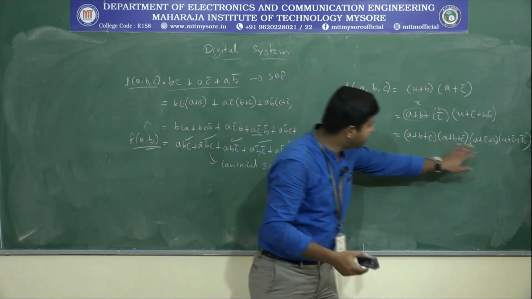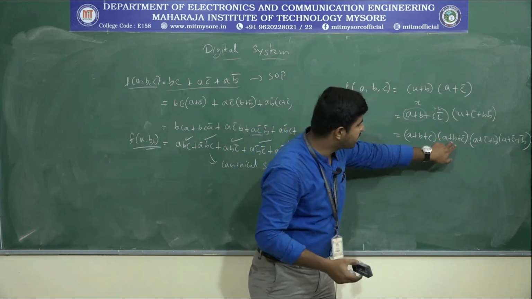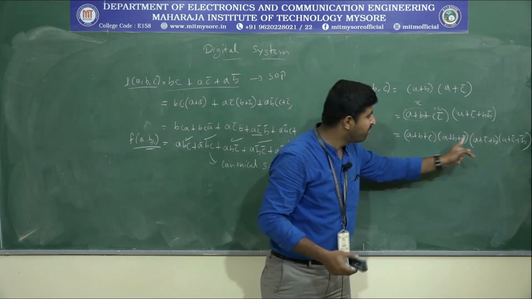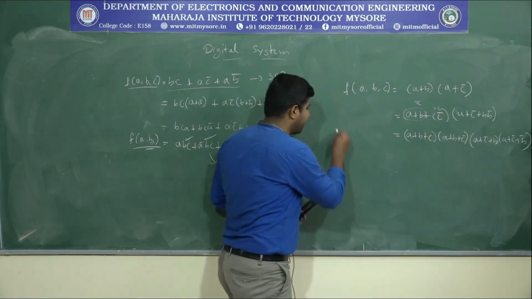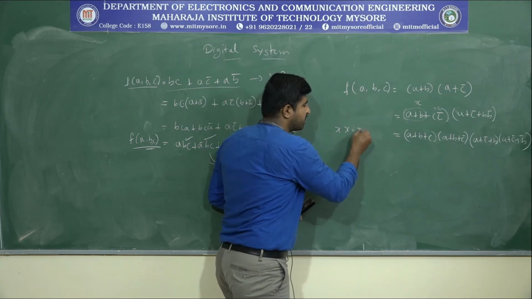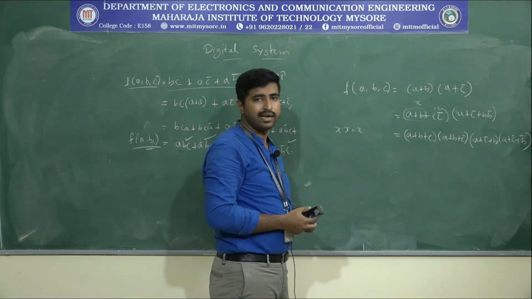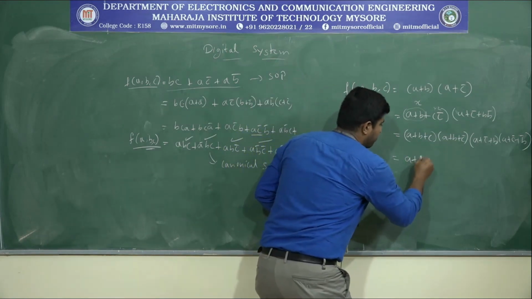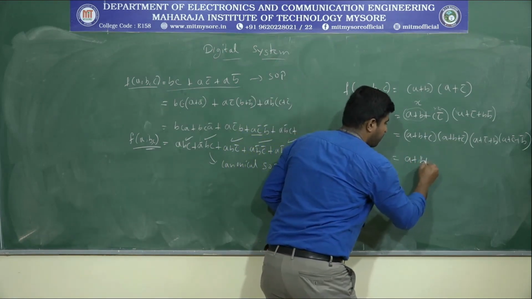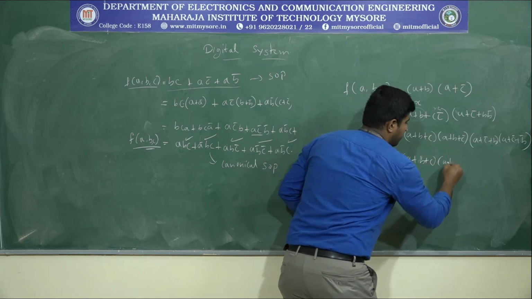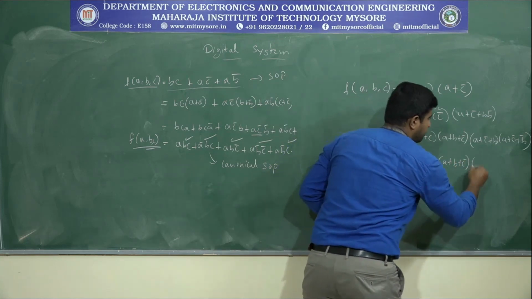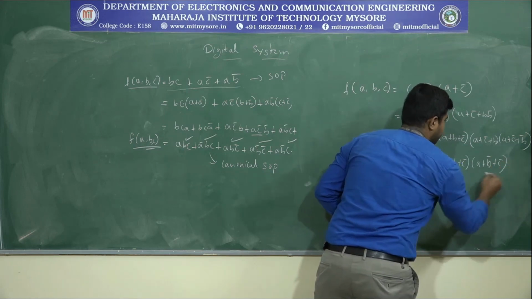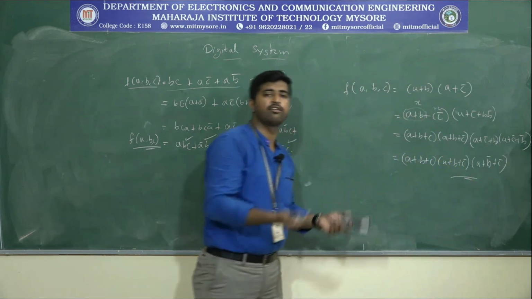Again, if any repeated terms are there, see a plus b plus c bar and a plus c bar plus b are both the same, so we can write it once, since x into x equals x. So instead of writing two terms, we write one. So that is a plus b plus c, a plus b plus c bar, a plus b bar plus c bar. So this was the canonical form.